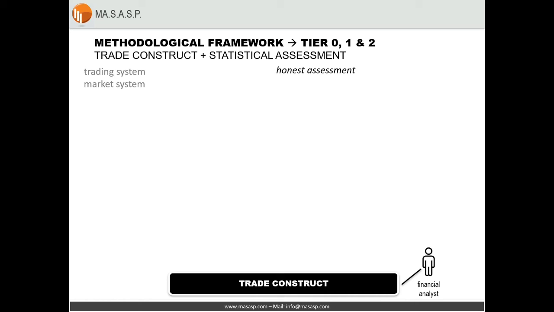Above, we have 2 tiers which are relevant to the statistician or the data scientist. The statistical assessment tier deals with trade construct optimization, taking account of predictors, variables other than the traded contract price.